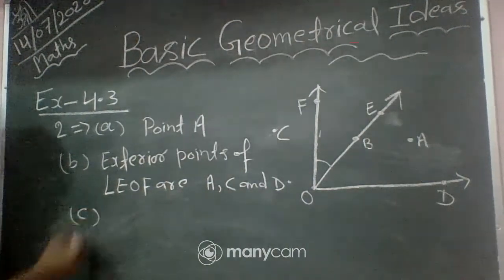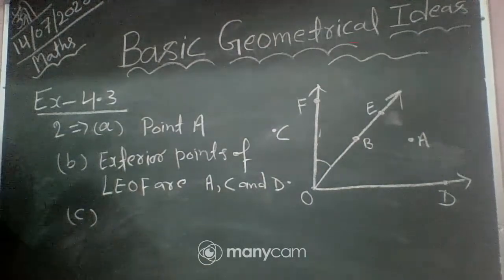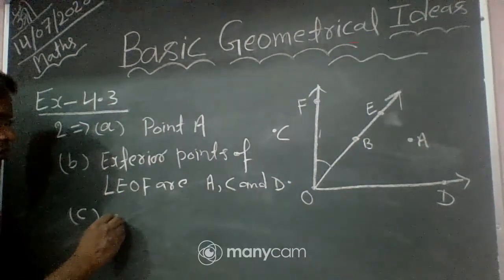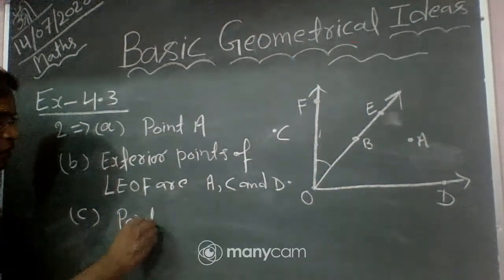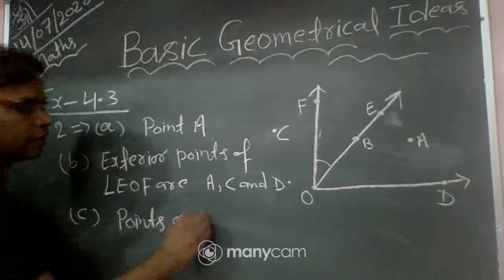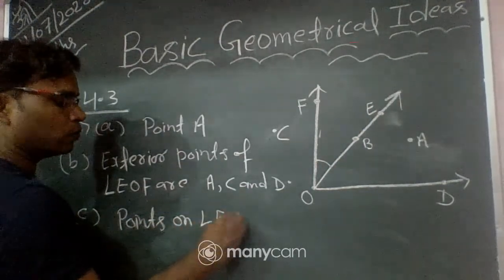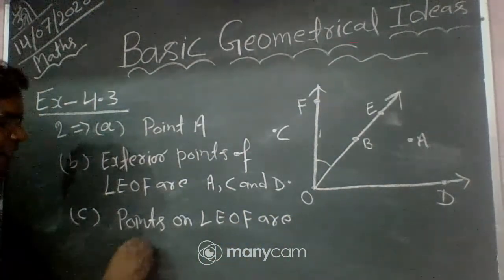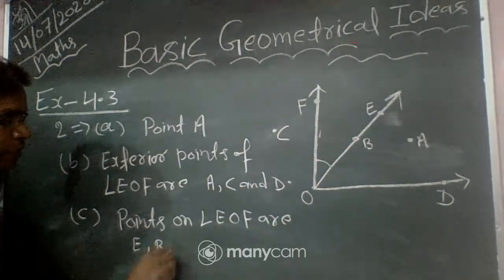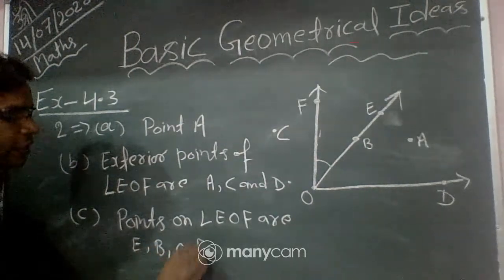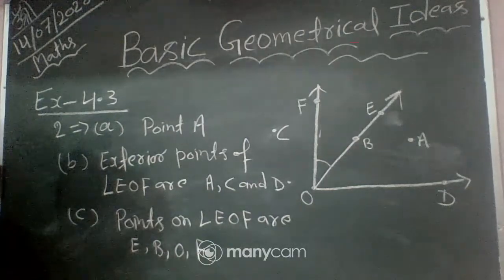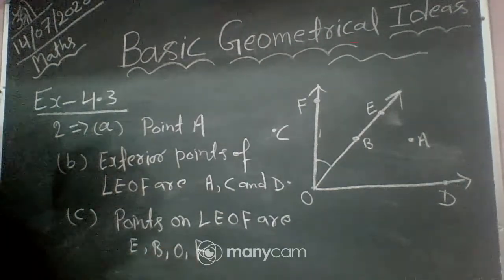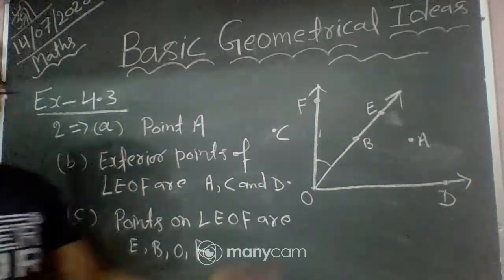So you can write part C of this question. Points on angle EOF are E, point B, point O, and point F. These points E, B, O, and F are the points which lie on this angle.